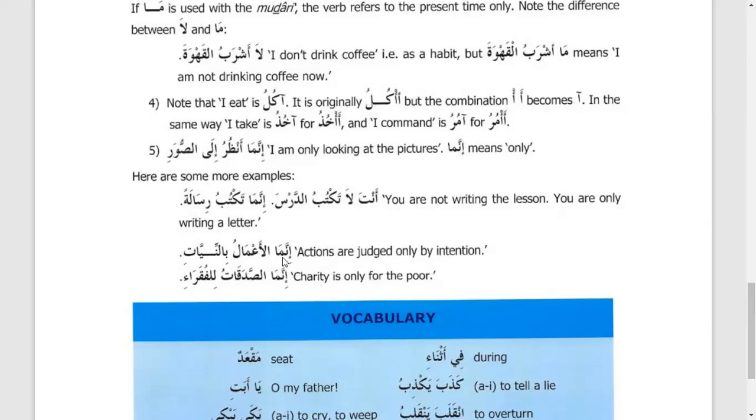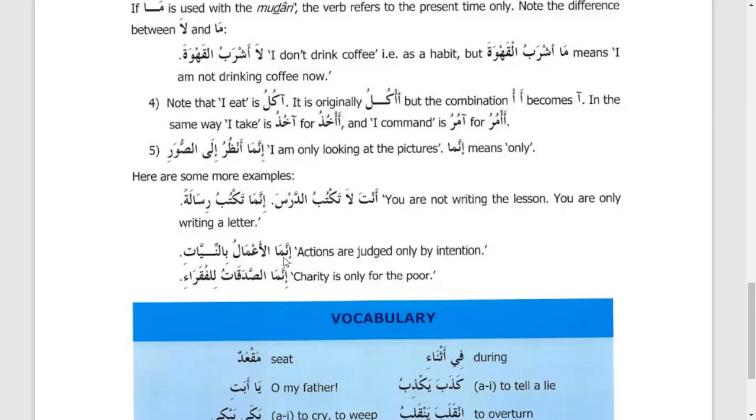So sometimes, is there any change in the translation, or is the emphasis increased more by adding ma? Innama is more emphatic than inna. It's more emphatic, and it is secluded. It isolates the idea from other ideas.